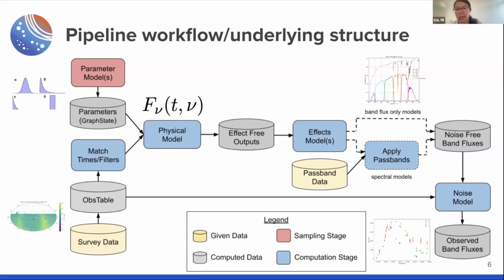But we can also support a bandflux model, which you do not need to start from the SED level, but just have the pre-calculated band fluxes and compute the flux from there. So once we have these noise-free band fluxes, we apply some noise model and then obtain the observed band fluxes. That will be our final light curves, shown like this.